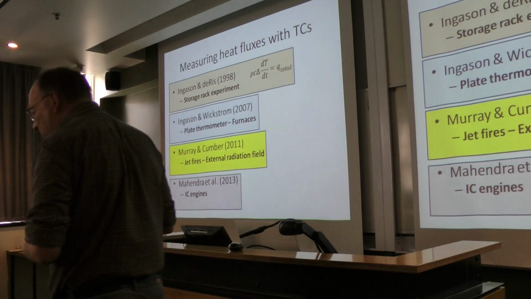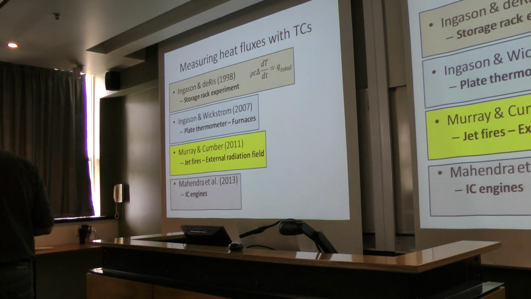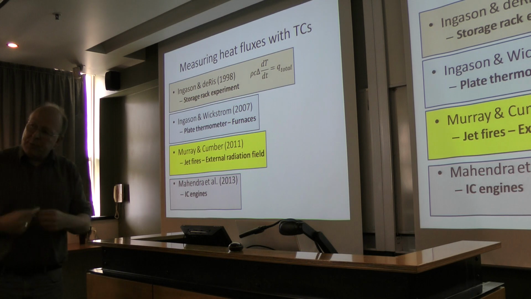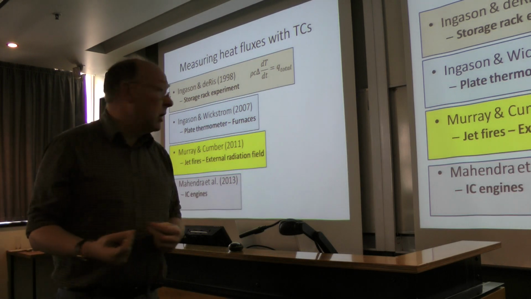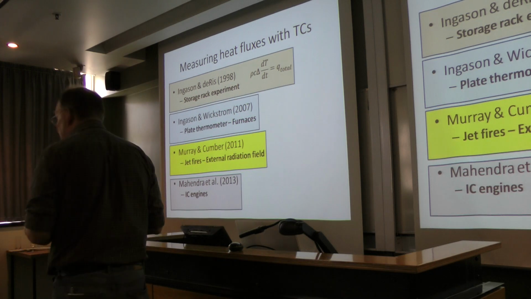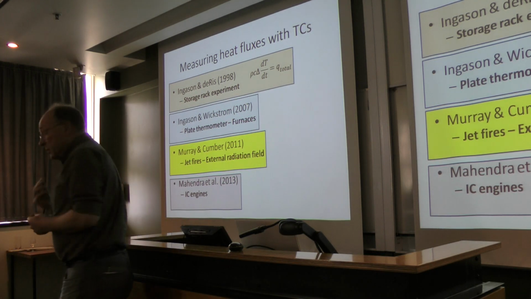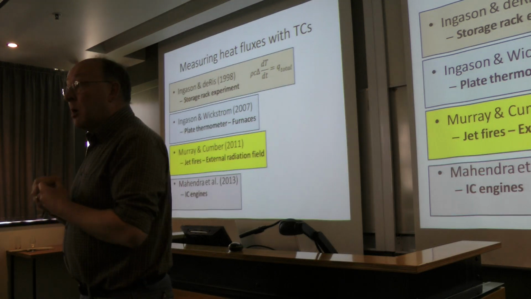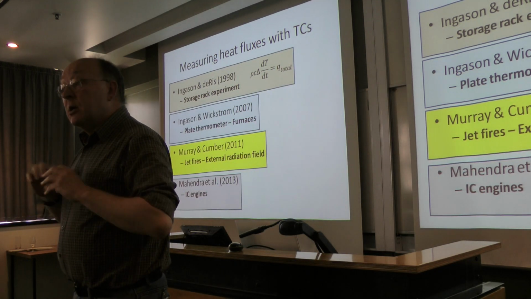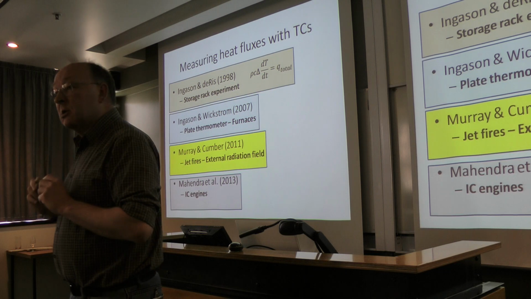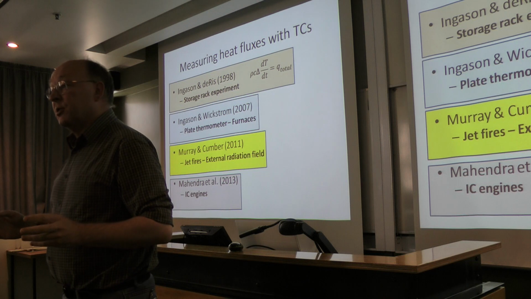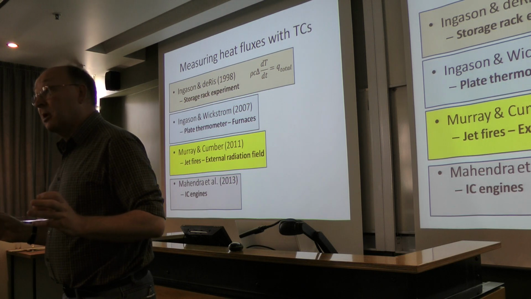This idea of using thermocouples for this is not a new idea by any means. I would say it's a useful thing though, so it keeps reappearing with different contexts to it. The first that I'm aware of is in 1998 when these two guys were looking at doing a storage rack experiment. They wanted heat fluxes all over the place, and so they formulated the heat flux model for this particular context, and they had about 40 heat flux gauges, or 40 thermocouples rather.